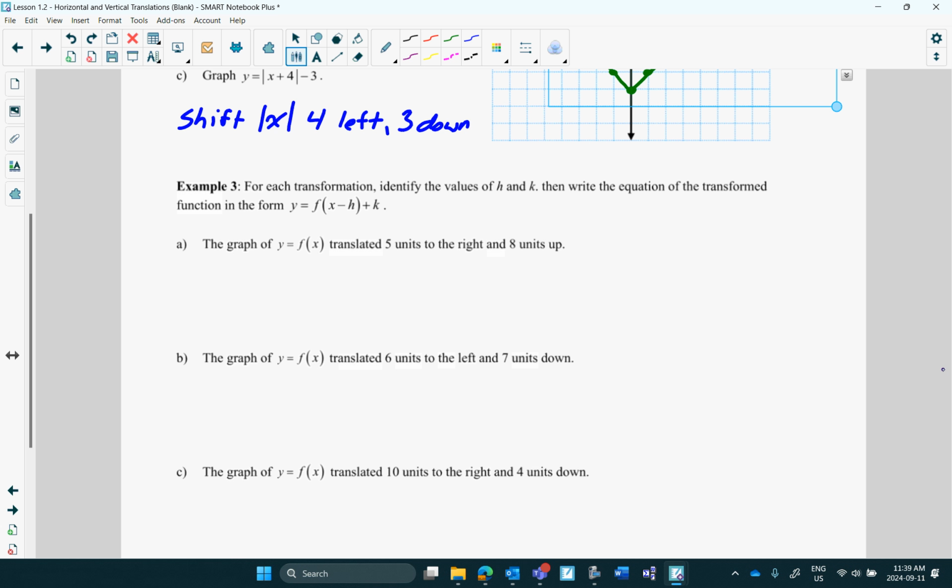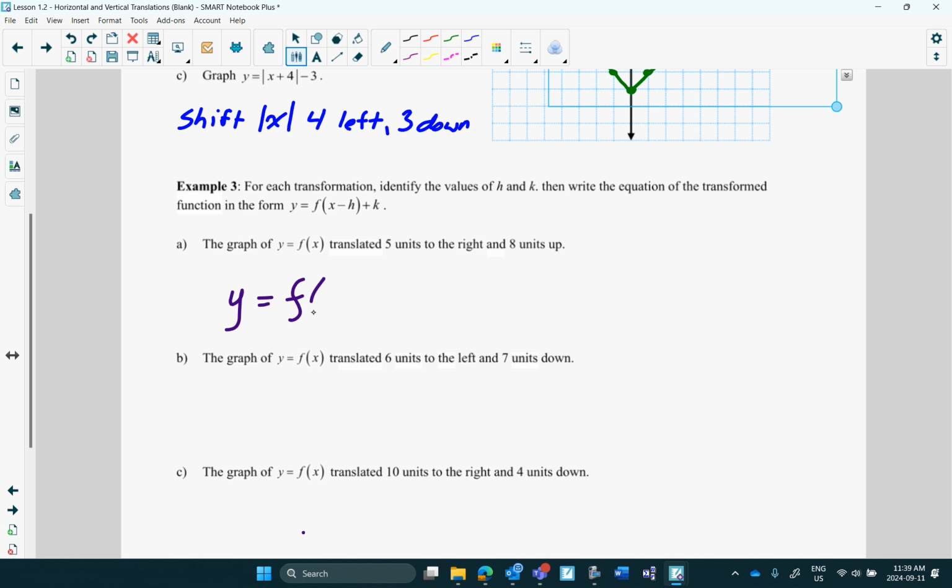What would the equation look like if I moved it 5 units to the right and 8 units up? Okay, so how would we write that? No, it's not an absolute value. We don't know what this function is. It's just called f.